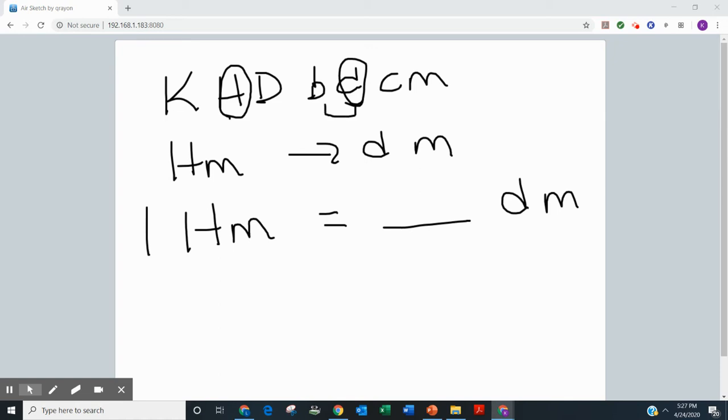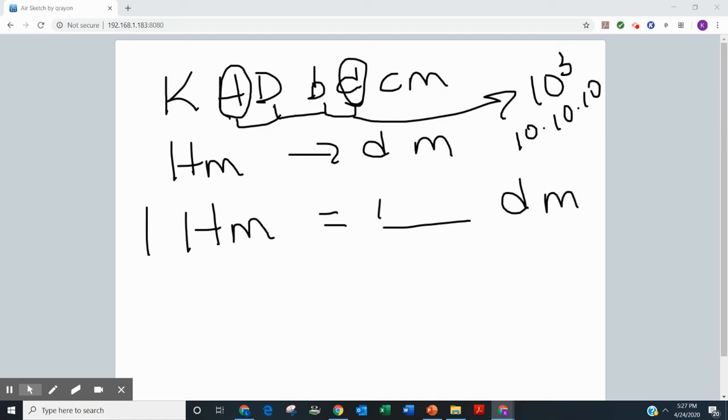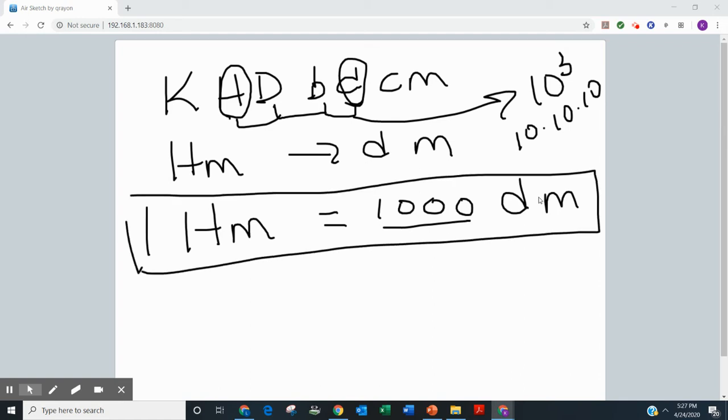I've got 1, 2, 3. So that leads to 10 to the third, which is 10 times 10 times 10, which is 1,000. So I've got 1 hectometer equals 1,000 decimeters. So when I want to use this in a conversion factor problem, this is the conversion factor that I'm going to use.